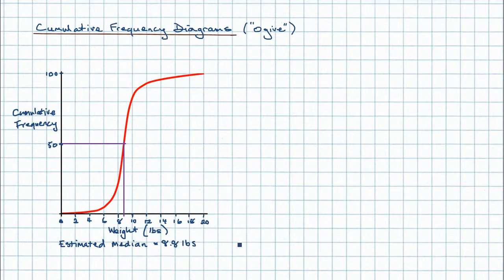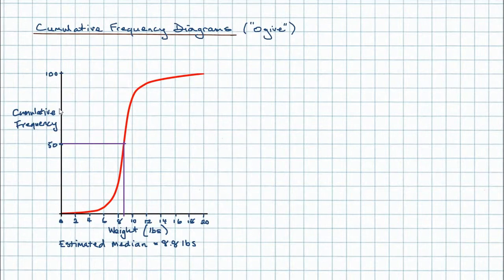Other summary statistics that you can list include the upper and lower quartiles. Now, what do we mean by that? Well, the upper quartile is halfway between the total and the median. So in other words, at 75 here.